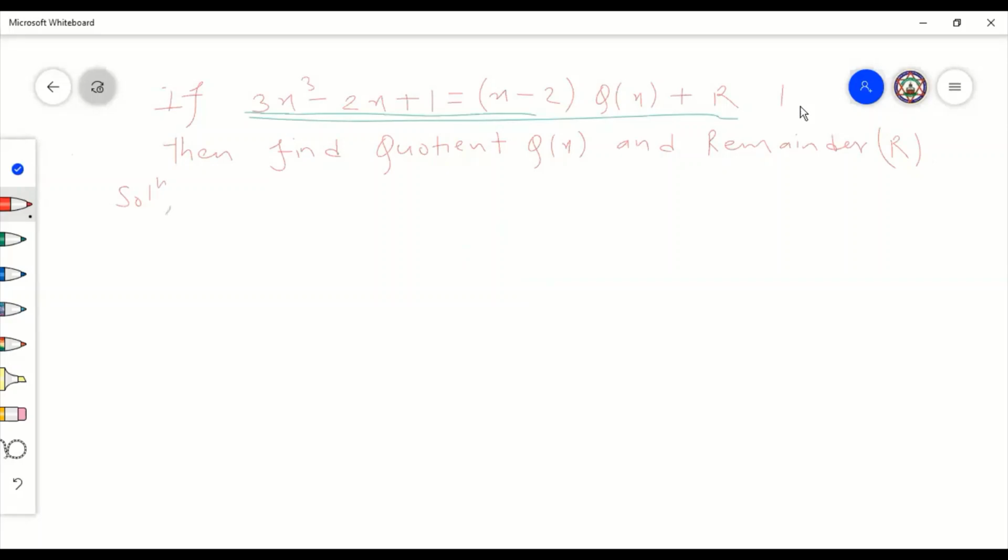Here you are given 3x cube minus 2x plus 1 equals x minus 2 and 2x plus 3.